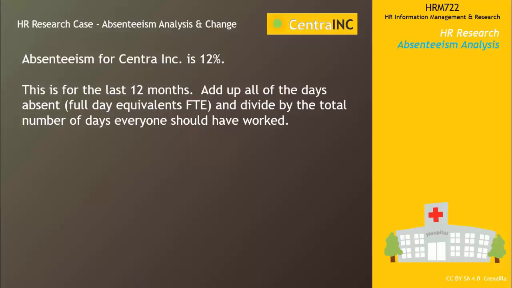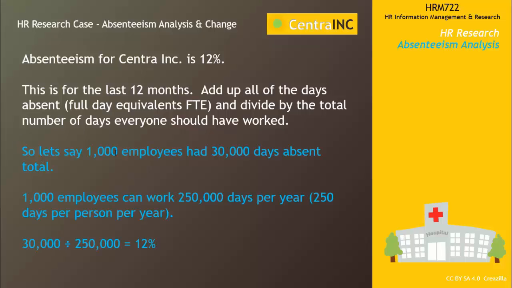Now, if we did that, it would look something like this. So let's assume that our company has 1,000 employees and 30,000 days were absent total. I'm just using big numbers. So all the 1,000 employees together had 30,000 absent days. Remember, if you had 2 half days, that would be 1 full day.